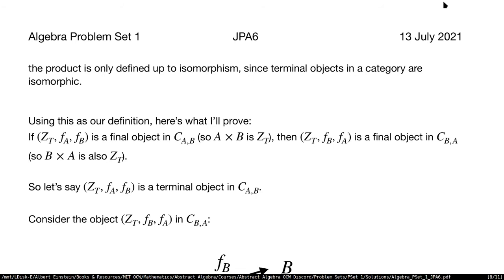If we look at the hint, it says to observe that they both satisfy the universal property for the product of A and B, and then use proposition 5.4. Proposition 5.4 is about products, and the universal property is about A and B being sets.